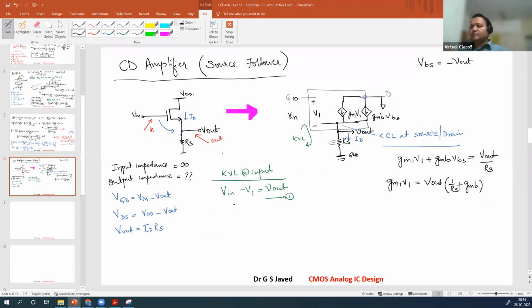So substitute that here, you will get the answer. Now what will be Vin minus, let us simplify this, Vout times (1 over RS plus gmb) divided by gm1.